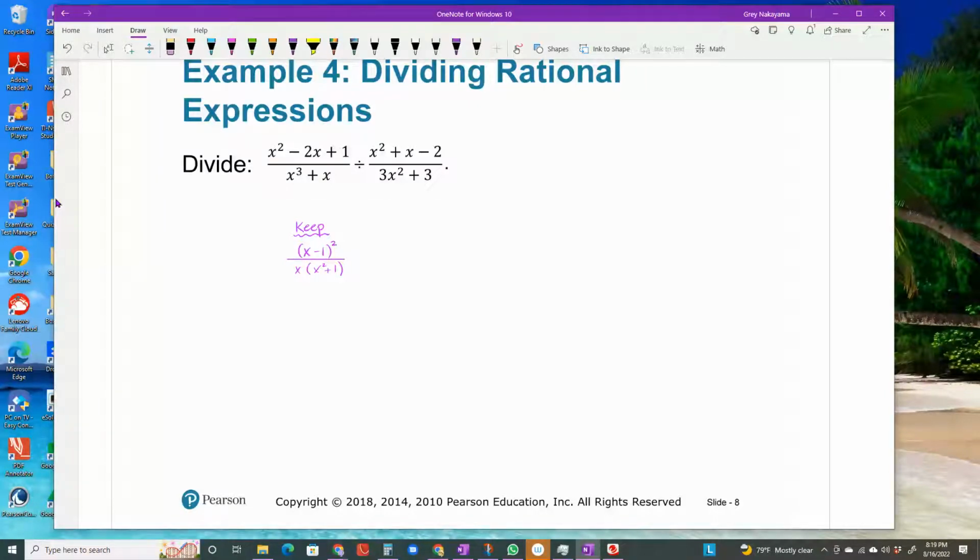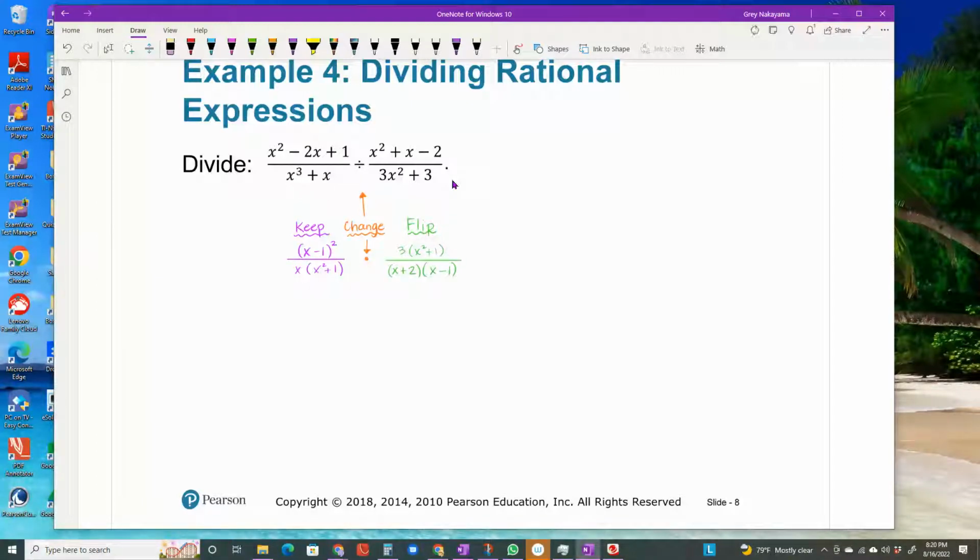Then I'm going to change my division to multiplication, and then I'm going to flip the next one. So when I factor it, I'm going to factor the bottom, but I'm going to write it on top. So when I factor that, it has a GCF of 3, and then what's left is x squared plus 1. And then when I factor the top, I'm going to write it on the bottom, and that's going to give me x plus 2 times x minus 1.